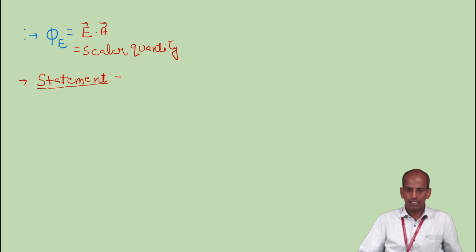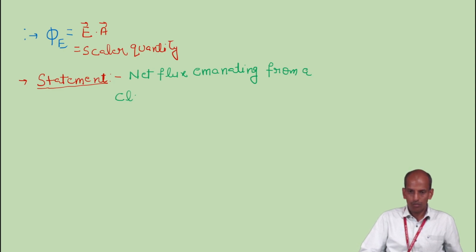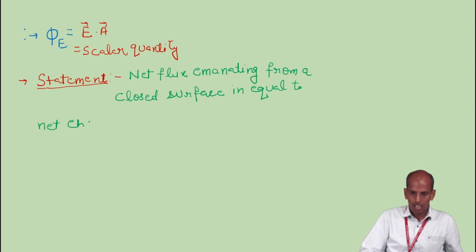It says that the net flux emanating from a closed surface, as mentioned in my previous slide also that the surface should be closed, is equal to the net charge within the surface.